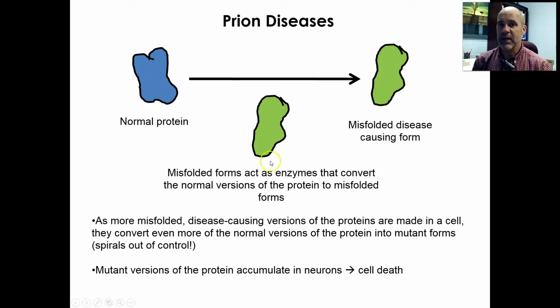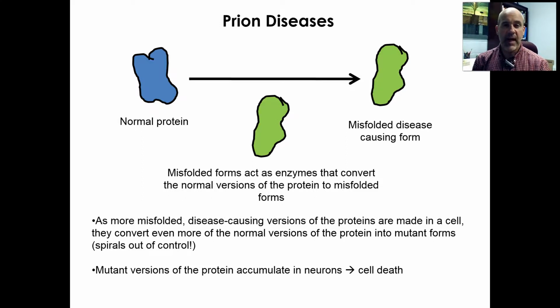So the normal protein gets converted into the prion version due to a spontaneous genetic mutation, probably occurring in one cell in the brain. And then from there, once you have these prion proteins, they're kind of like zombies. They go around and they find the other normal versions and convert those over to the prion version. And then over time, that can build up and progress and lead to spongiform encephalopathy.